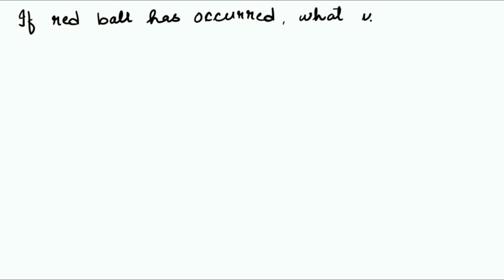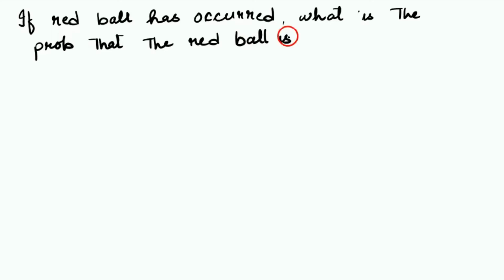If I say that the red ball has occurred, you put your hand and you find that a red ball has occurred, what is the probability that the red ball is from bag E1?